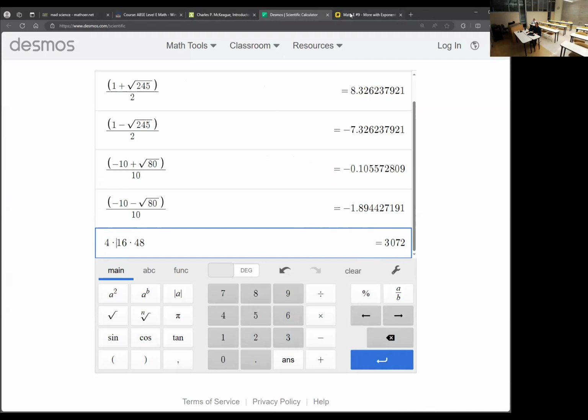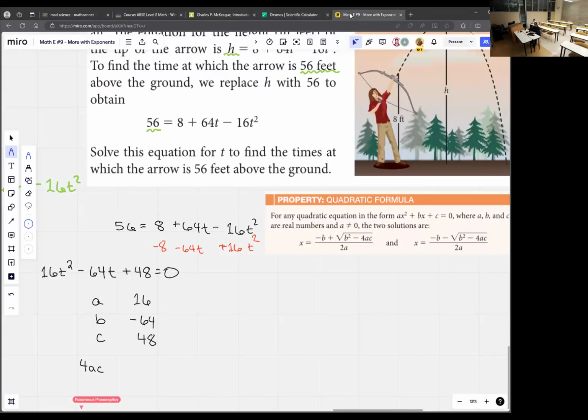Okay, 3072. Now my setup for the formula is done. Questions about any of that? Everyone says they're good.